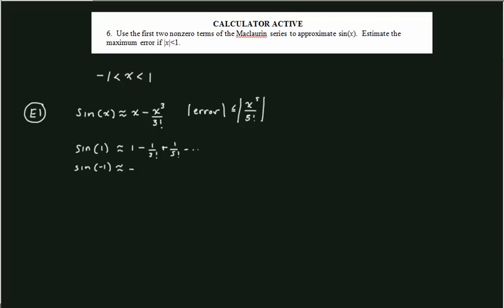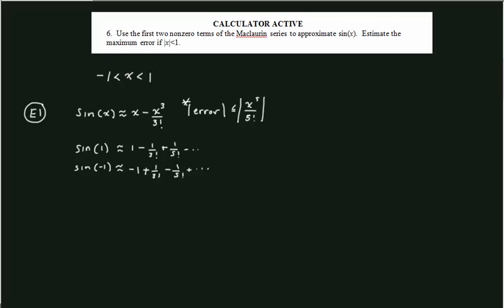Well, the first term then becomes negative, but the negative in the second term will be canceled out with the minus in front, so it's plus 1 over 3 factorial minus 1 over 5 factorial plus ... So no matter what value of x that you choose, the series will always strictly alternate and decrease in absolute value to 0. So we can in fact use E1 and say that the error is less than or equal to the first omitted term.